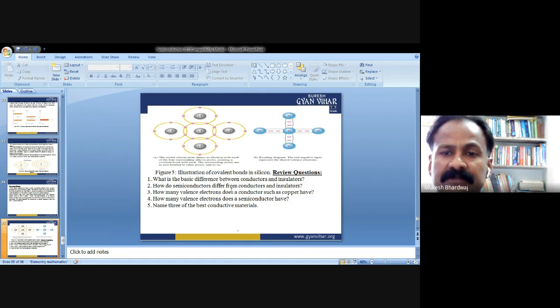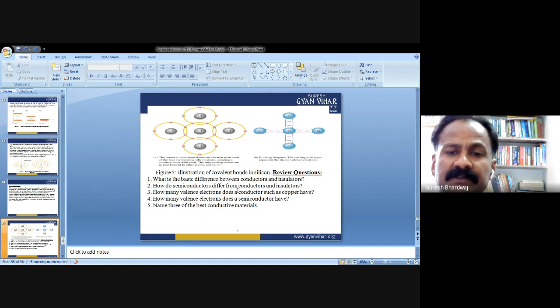Now these are some review questions based on the above description or above knowledge. What is the basic difference between a conductor and an insulator? You can easily answer the question. How do semiconductors differ from conductors and insulators?